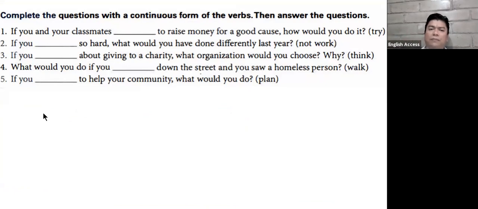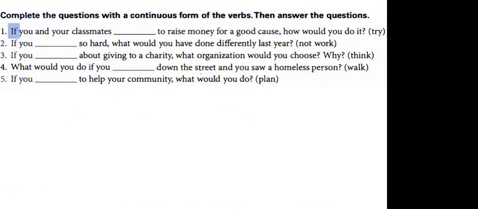For example, try. Complete the questions with a continuous form of the verbs, then answer the questions. Number one, if you and your classmates here, how do you say that? We already have if. If you have been trying.